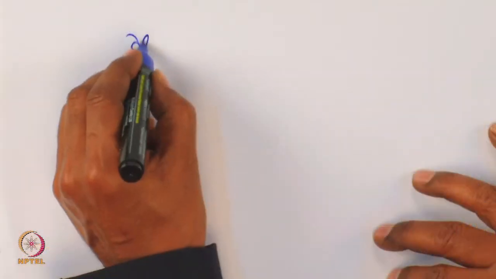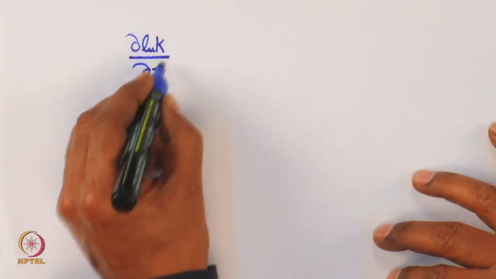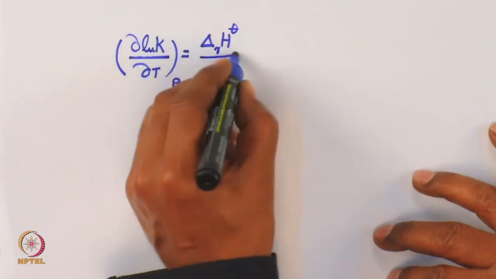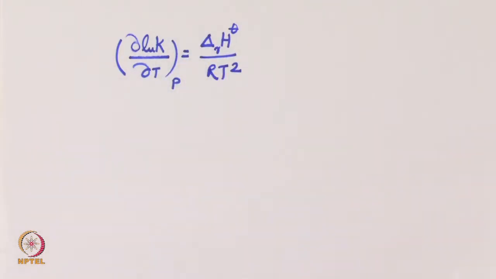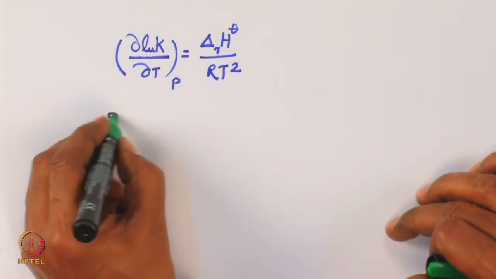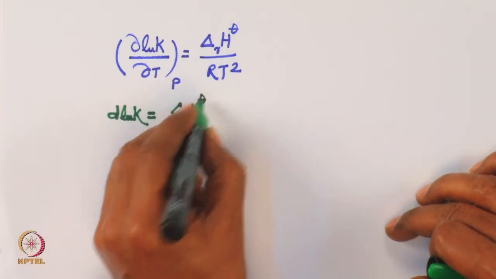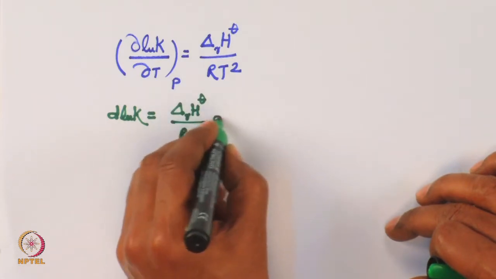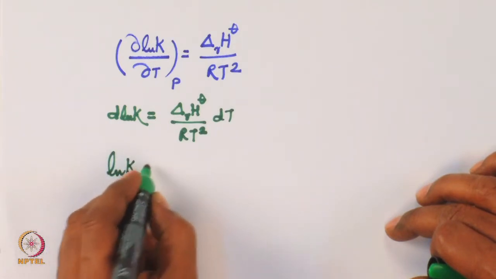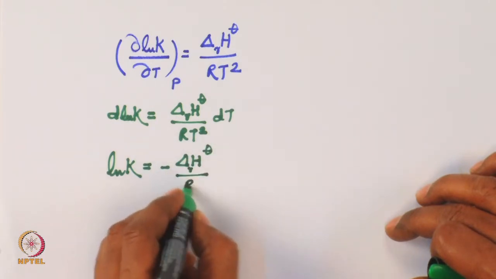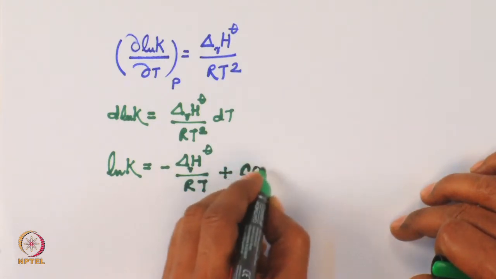Then I again go back to the Van 't Hoff equation, which is d log K by dT at constant pressure equal to delta rH naught by RT square, and d log K is equal to delta rH naught by RT square dT, or if I just integrate, it is minus delta H naught by RT plus a constant.